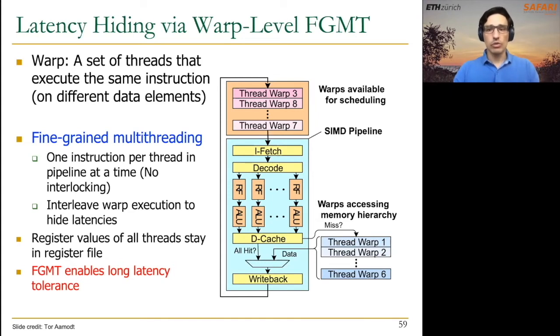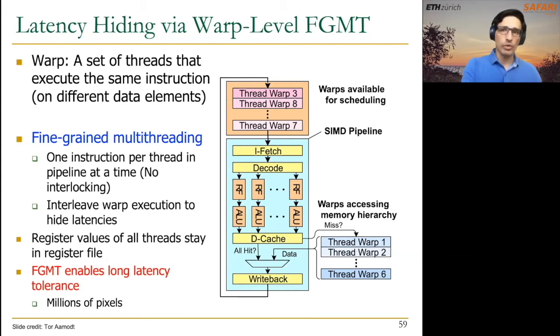So this is what we call the ability to hide the latency of long latency operations, or latency tolerance. And this typically works well for the type of applications that we are going to execute, typically regular, massively parallel programs that we are going to execute onto the GPU hardware.